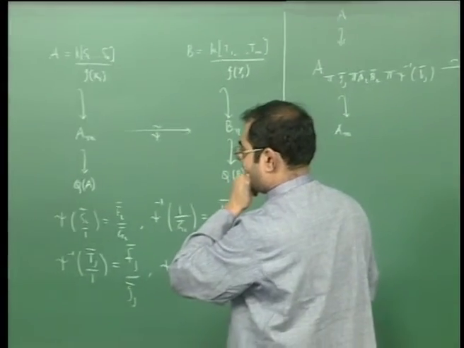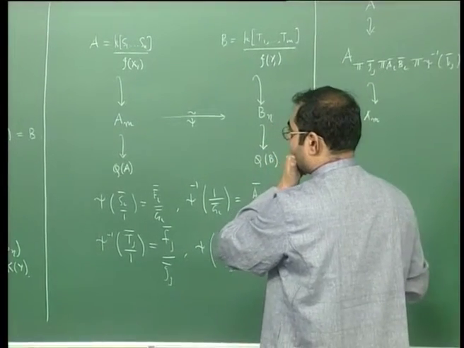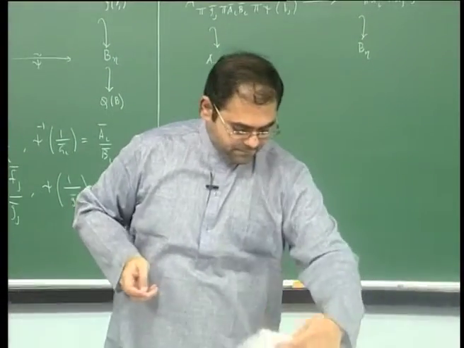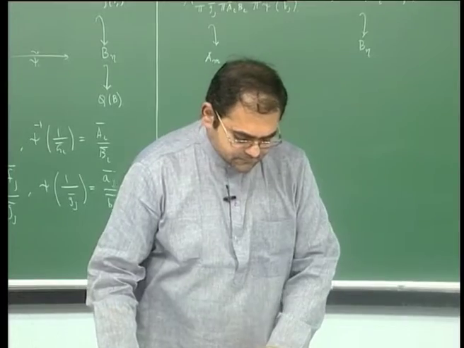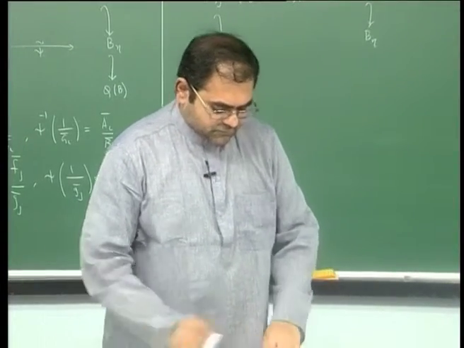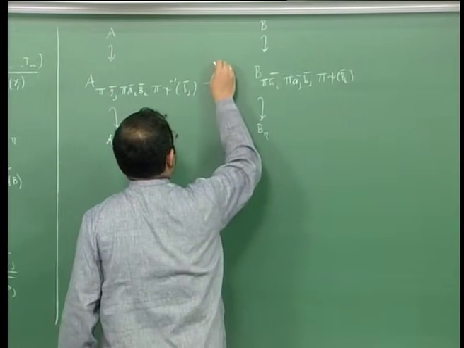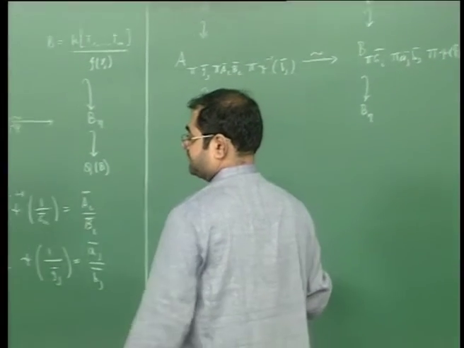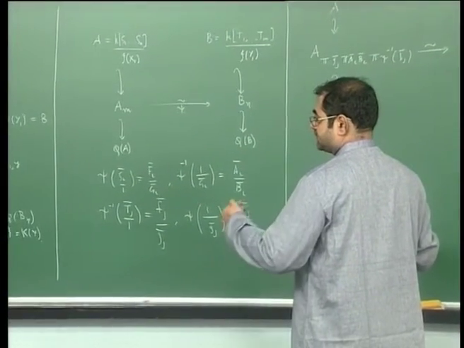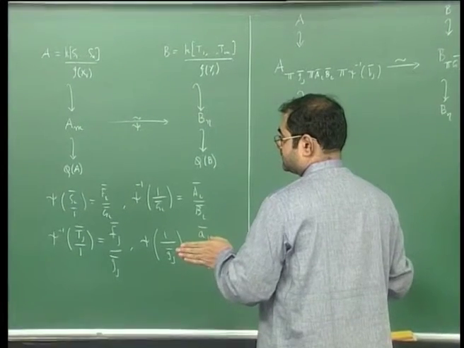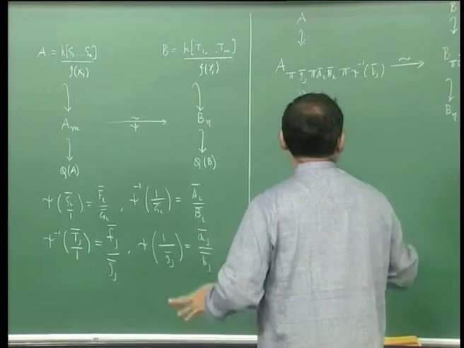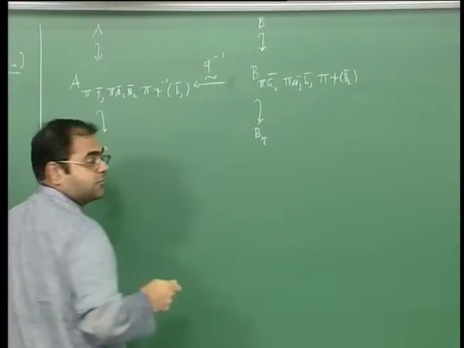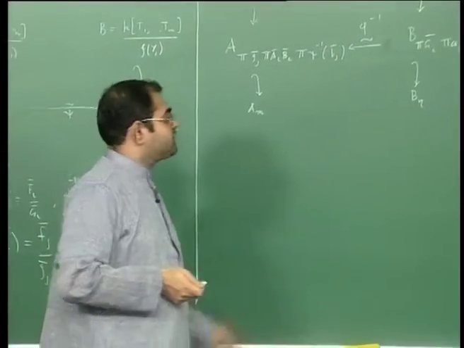You will get this map here, which I would like to call by some name, probably phi. Let me put the arrow in this direction and call this phi inverse. You will get a K-algebra isomorphism phi inverse.